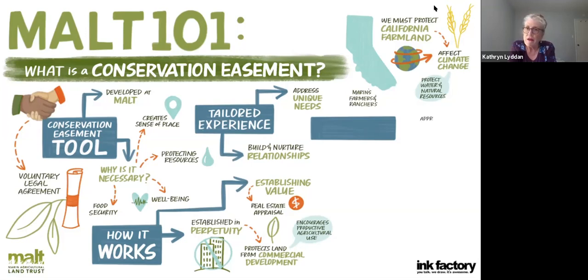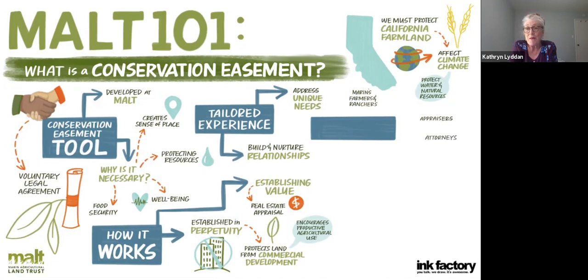And then finally, as Brady mentioned, MALT leverages all private donations by very actively seeking federal, state, and local funding for our easements. Generally, we try to fund at least half of an easement purchase price with public funding.